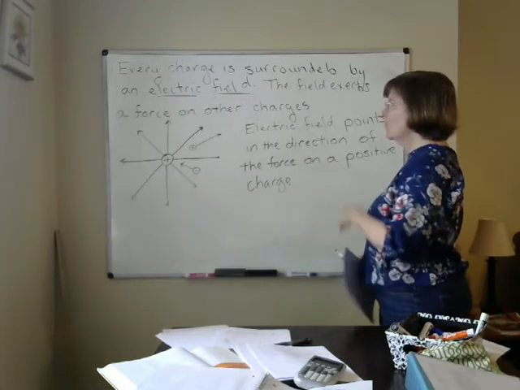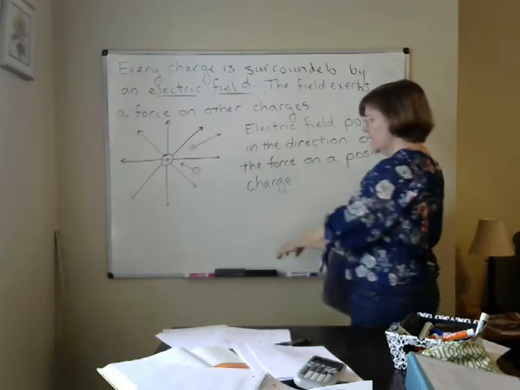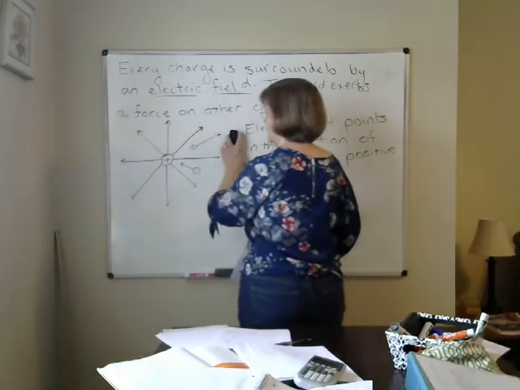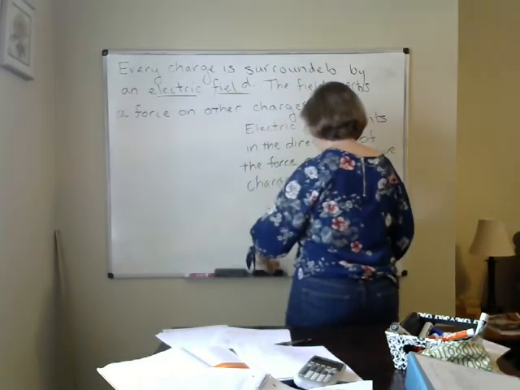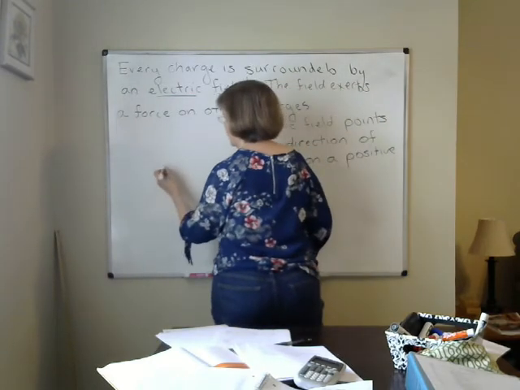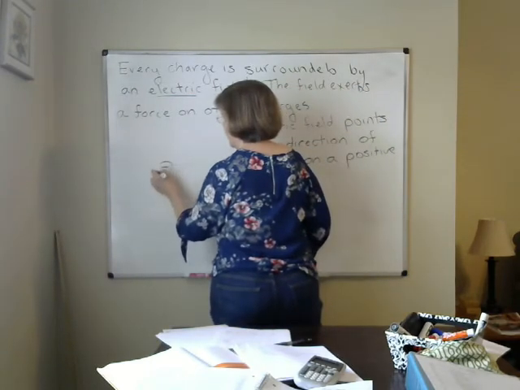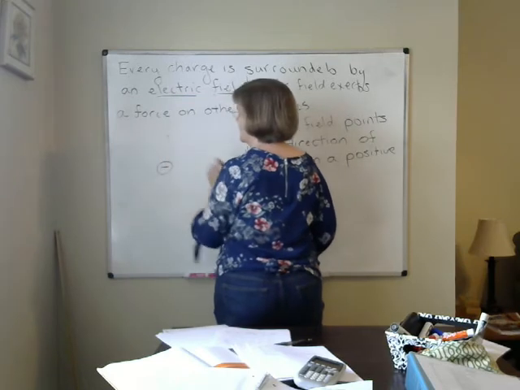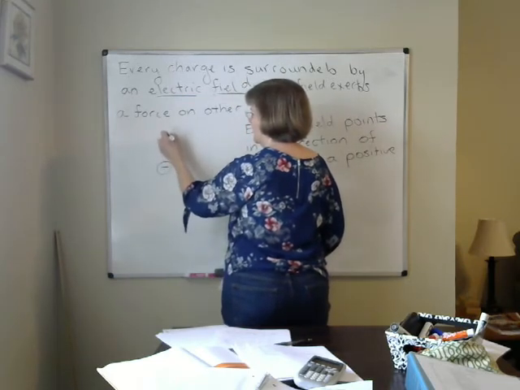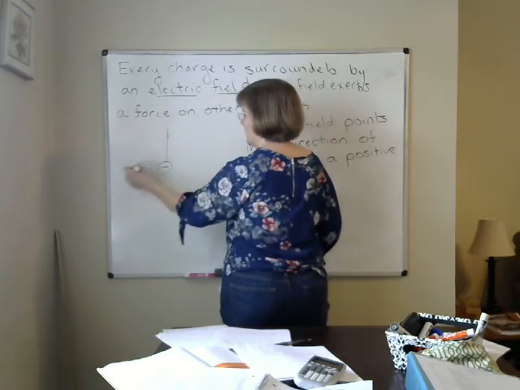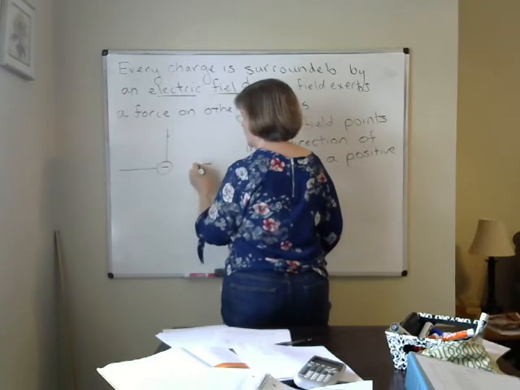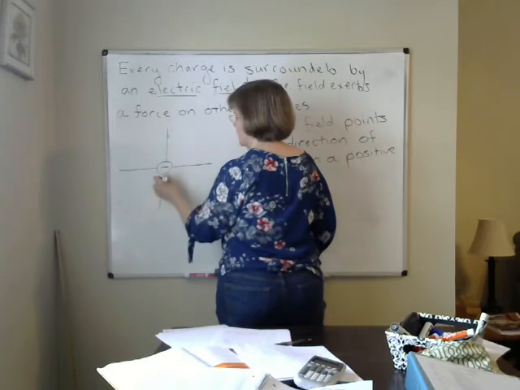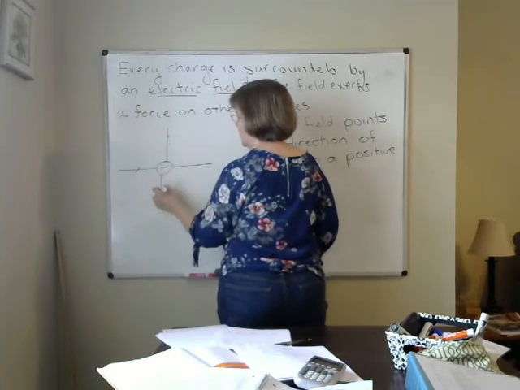Now let's draw what the electric field looks like if you happen to be a negative charge. Think about it. If I put a little positive charge up there, it's going to feel a force this way. And a positive charge over here will feel a force this way. In fact, positive charges are attracted toward negative.